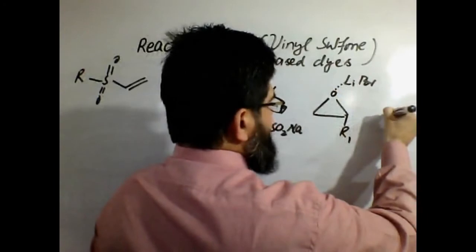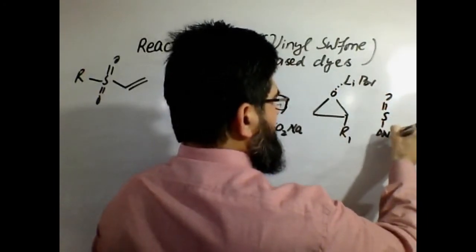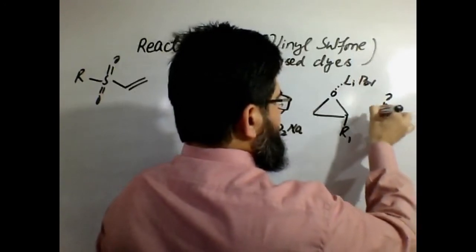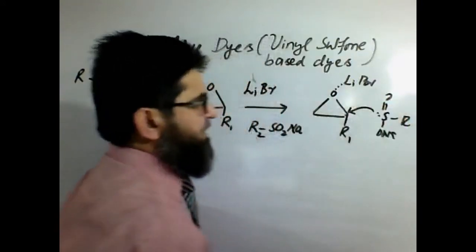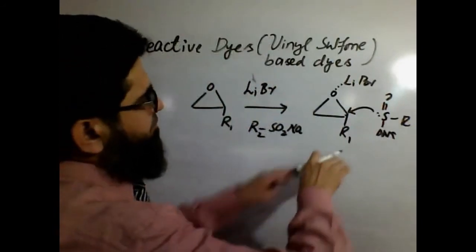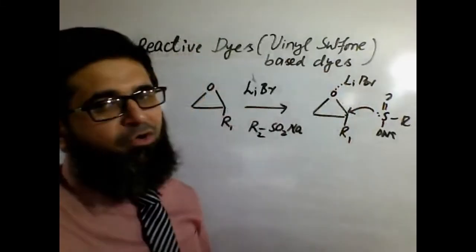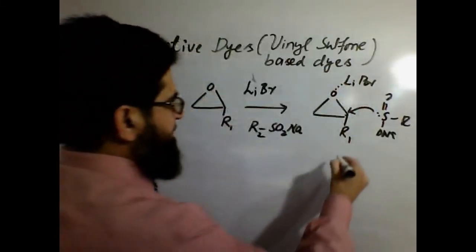It gives a chance for the lone pair of the sulfur to attack this carbon. Resultantly, this ring undergoes a ring opening reaction.